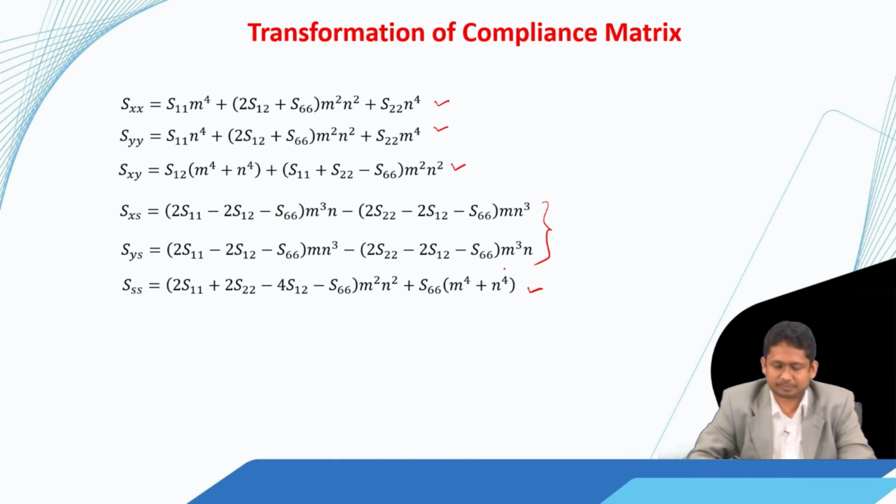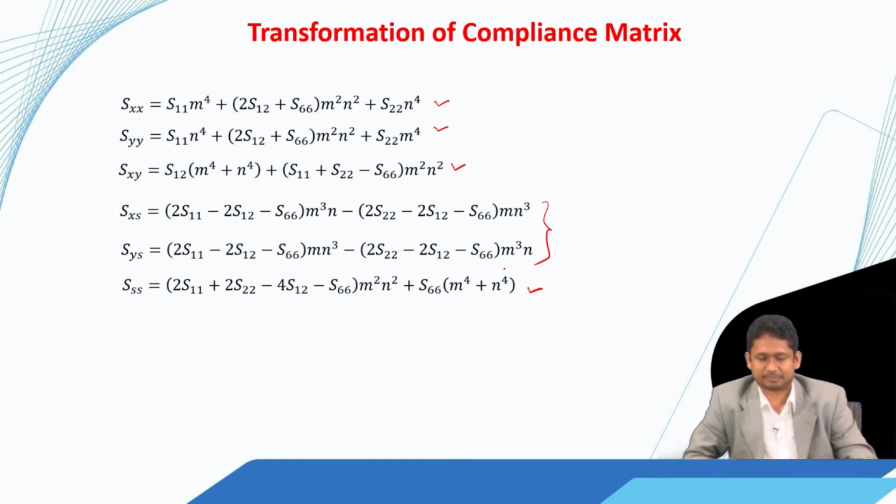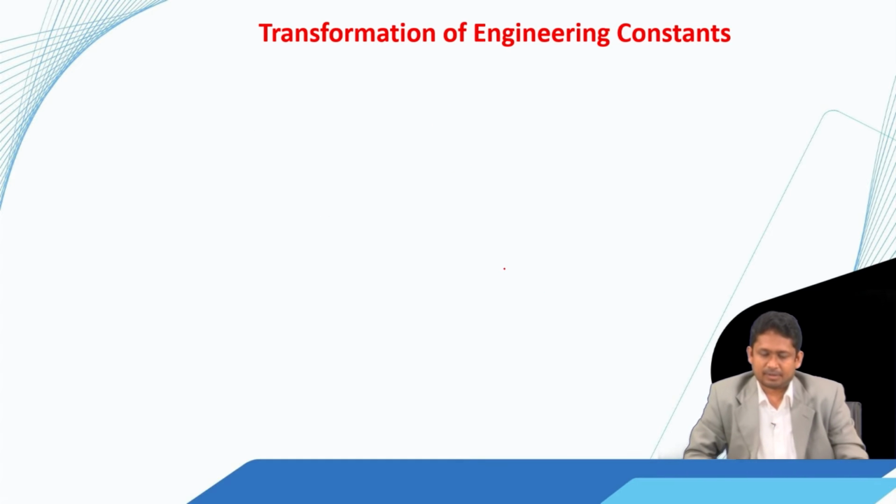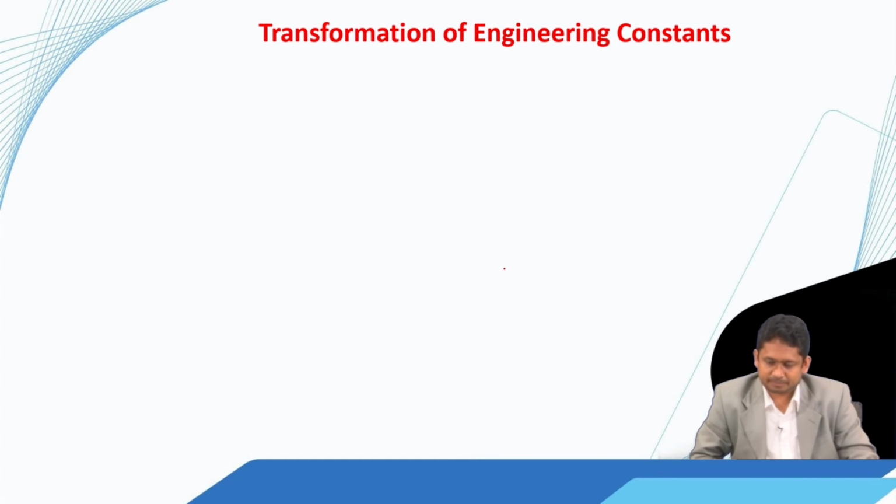However, the xs and ys components are odd functions, that means when theta changes sign, they also change sign. So, we have transformed the elastic constants. Now, accordingly we can transform the engineering constants also.